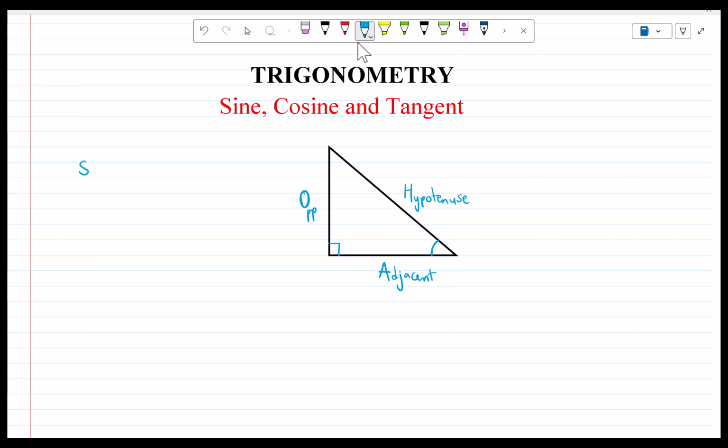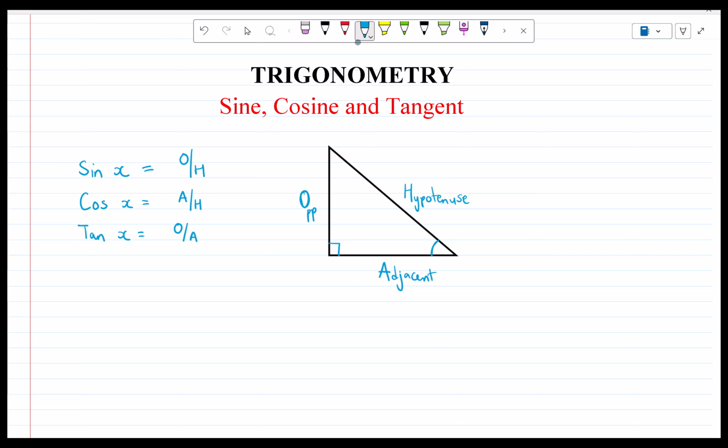Sine x is equal to opposite over hypotenuse. Cosine, known as cos x, is adjacent over hypotenuse. And lastly, tangent, known as tan x, is opposite over adjacent.